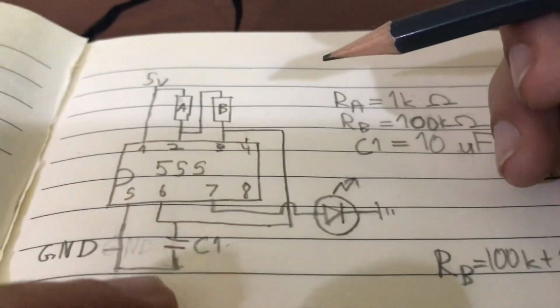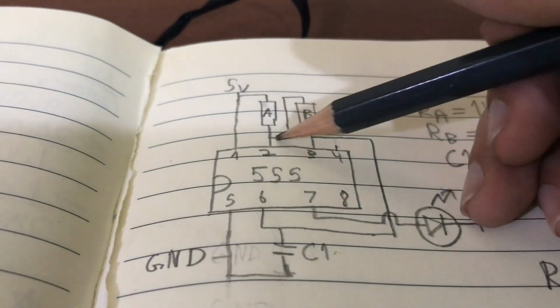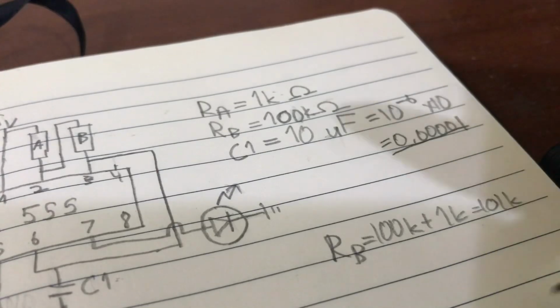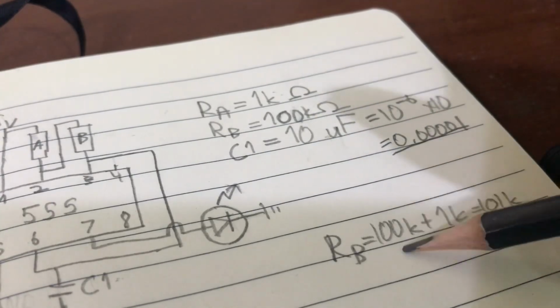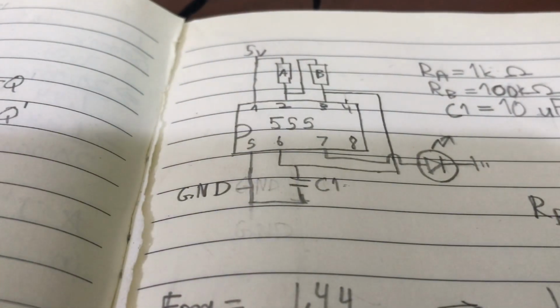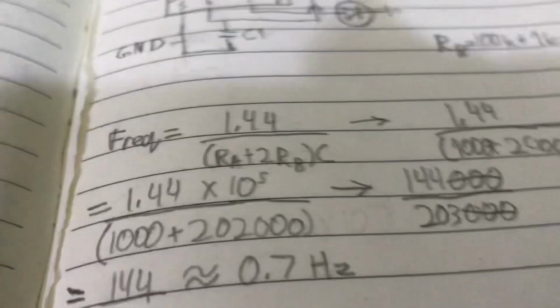Although technically, if you look at the diagram, since resistor A and B are in series, technically the resistance of B is 100k plus 1k, which is 101k. Now, if you want to calculate the frequency at which your LED will blink on and off, you've got to use this formula.